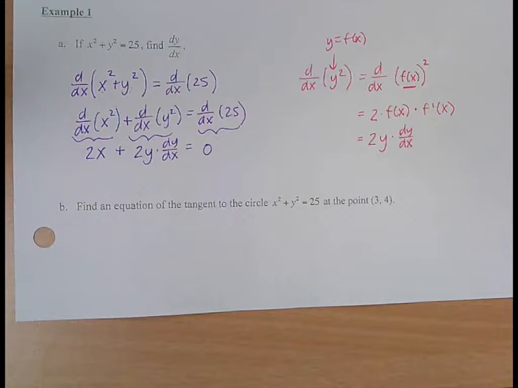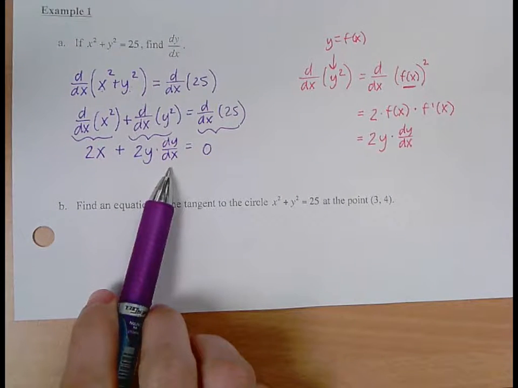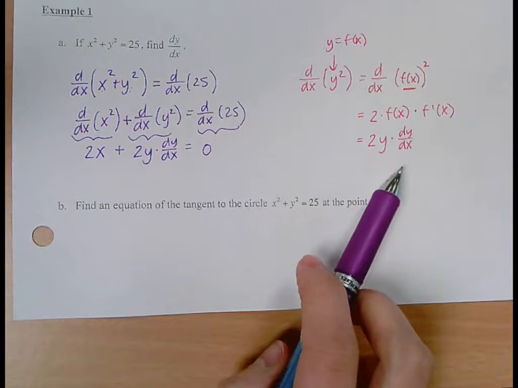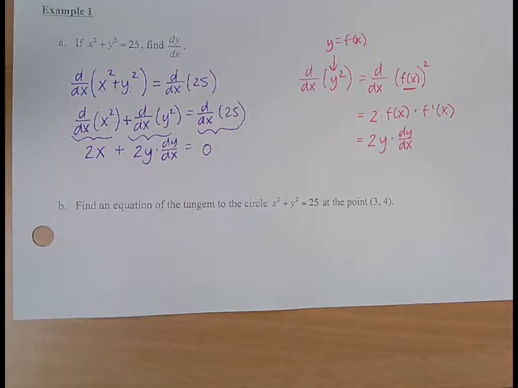So in short, anytime you take the derivative of something with y, you have to multiply it by dy dx because of the chain rule. So if this was find the derivative of y cubed, it would be 3y squared dy dx. So anytime you take the derivative of y, you have to multiply by dy dx.